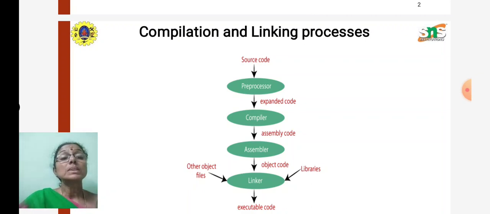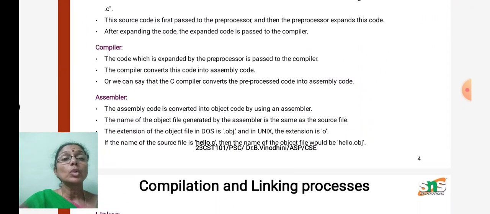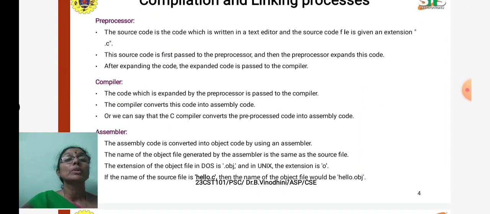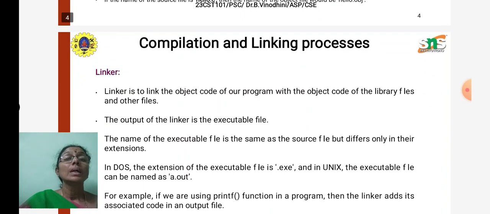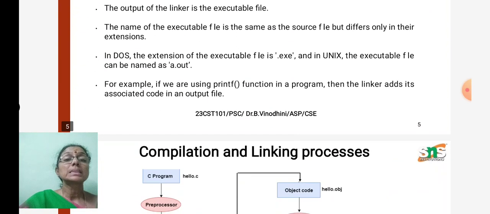That assembly code is given to the assembler, which converts it into the object code. The object code is given to the linker. The linker links the libraries into the code and produces an executable code. Finally, the loader loads the corresponding program into the operating system. This is the way compilation and linking is done.